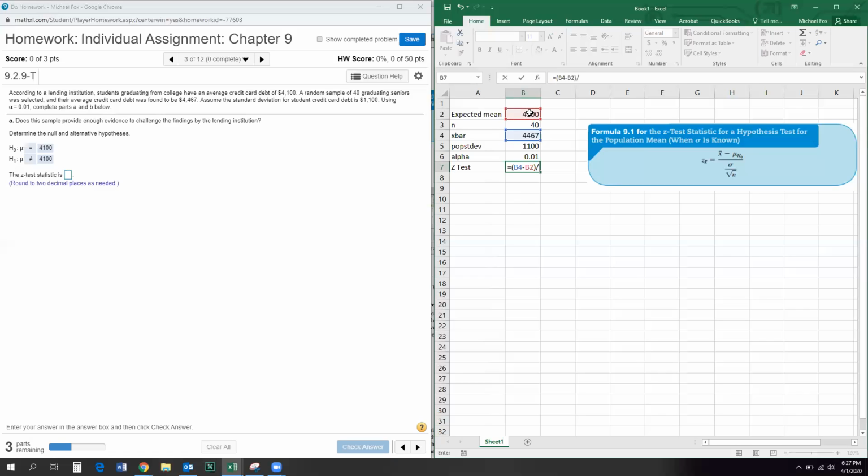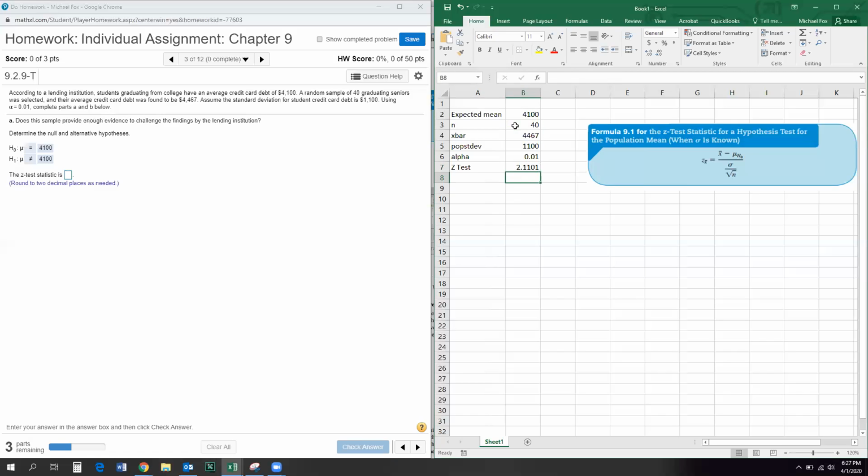Then we're going to divide that by our population standard deviation divided by the square root of n. So there's our z-test statistic.